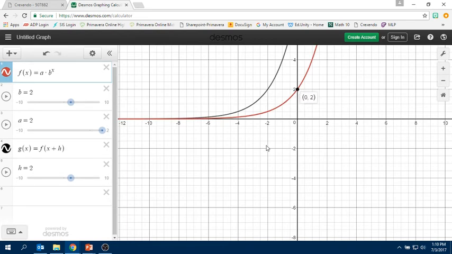There's our y-intercept at 0, 2, and now this point has been shifted to the left by 2 units. There's our new point right there at -2, 2. So we left the y value the same, but it was the x coordinate that changed by 2.